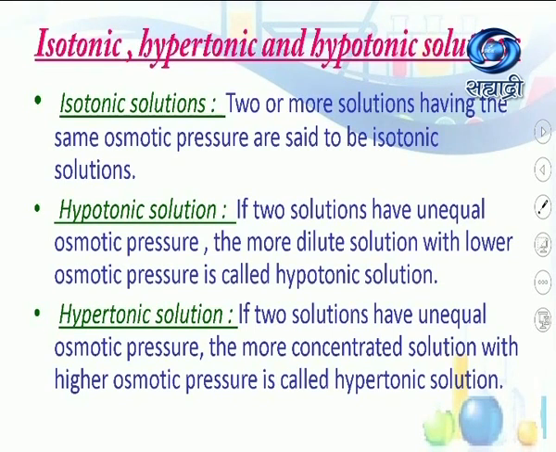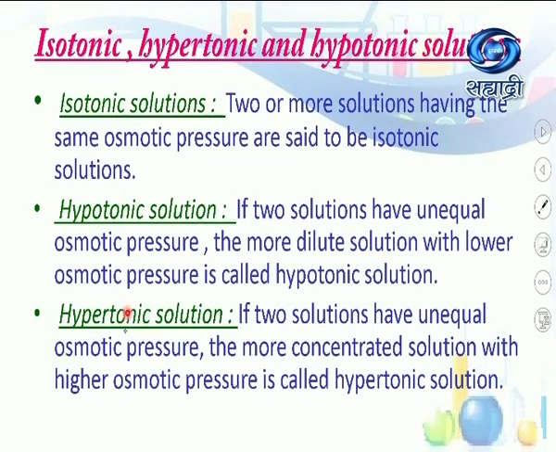If two solutions have unequal osmotic pressures, then the more dilute solution with lower osmotic pressure is a hypotonic solution. Hypo म्हणजे कमी. अजून एक गोष्ट याच्यावर लक्षात येते, the more dilute solution with a lower osmotic pressure. म्हणजे काय कळतं की dilute solution असेल तर osmotic pressure कसं असतं? Low असतं, कमी osmotic pressure.